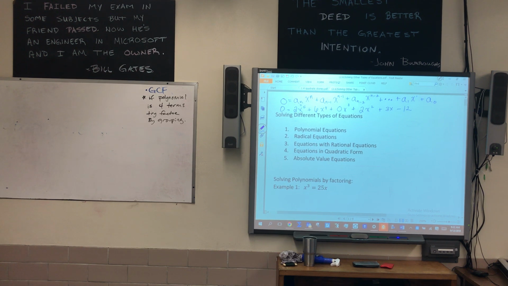If it's 1, it's linear, still a polynomial, just with easier ways to discuss it. So you can't have fractions as your exponents. You can't have negative numbers right now as your exponents. They have to be positive integers.